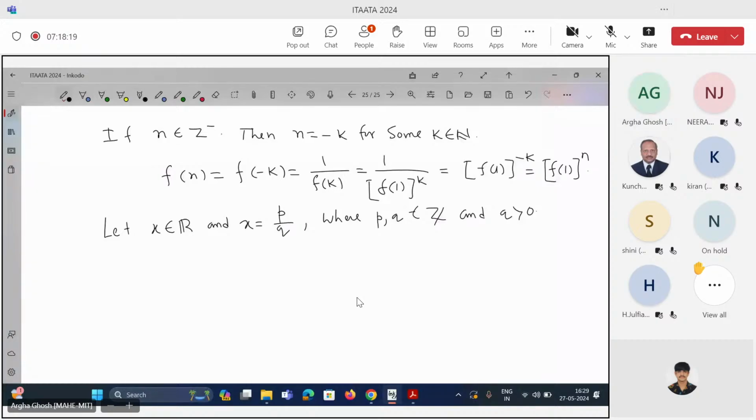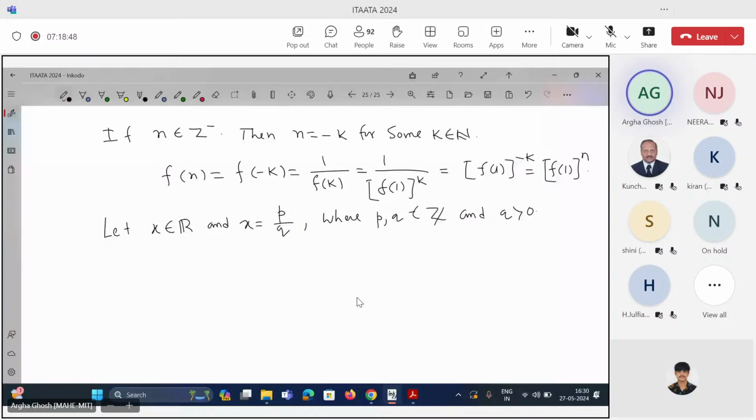So from there, you can write. I think you can now solve it very easily. It's not that tough. So again, we'll write p equals qx.